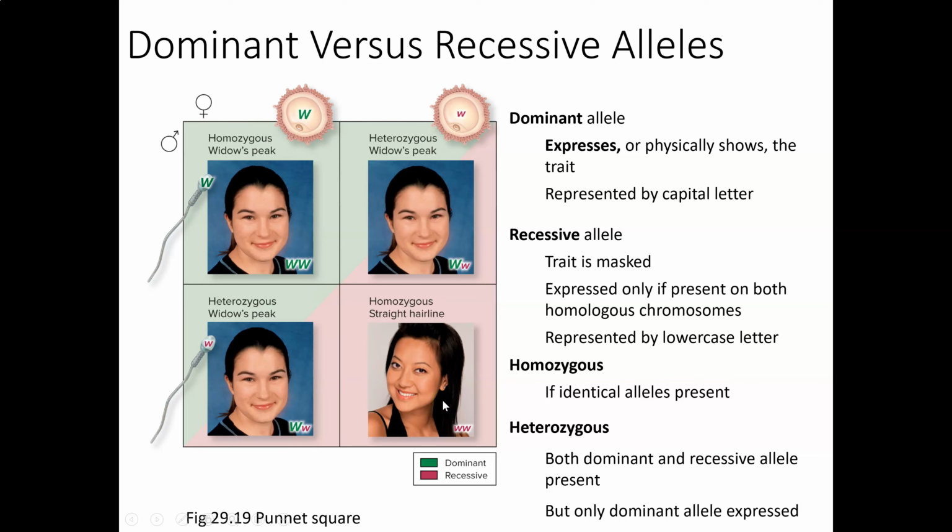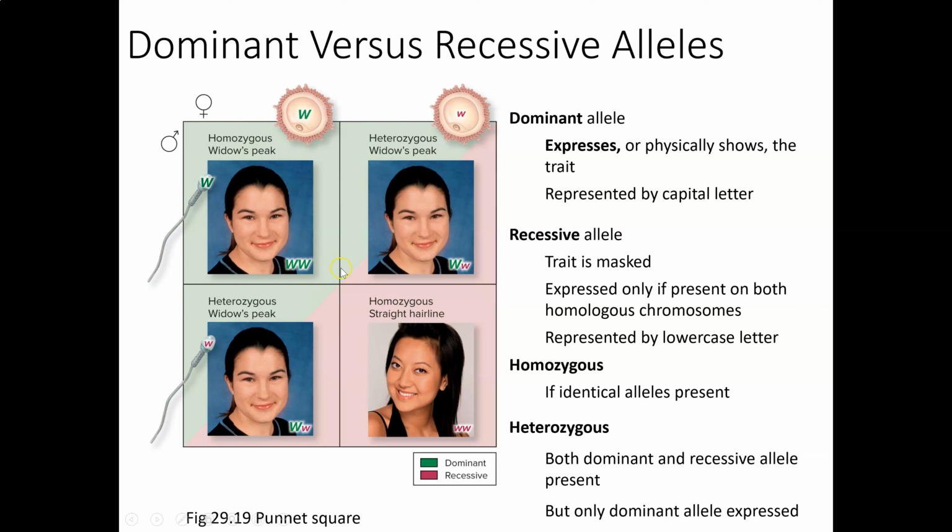So that's the genotype percentage. If you look at the phenotype percentage, you have a 75% chance of the widow's peak, the dominant phenotype, and only a 25% chance of the recessive phenotype. So this is how you use the Punnett square to figure out the genotype, and then the phenotype percentage, based on the parents' genetic makeup.